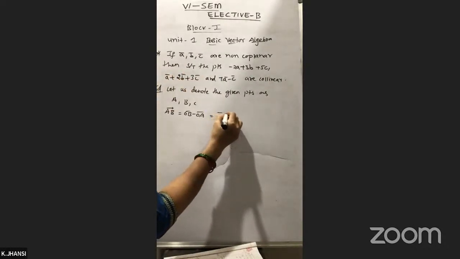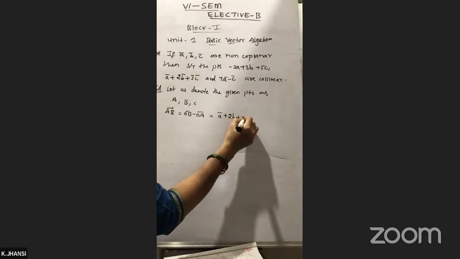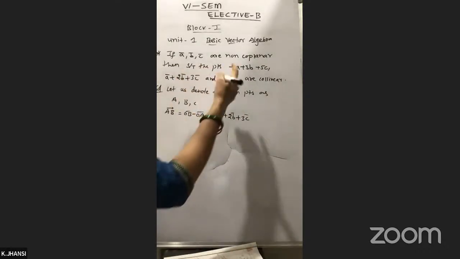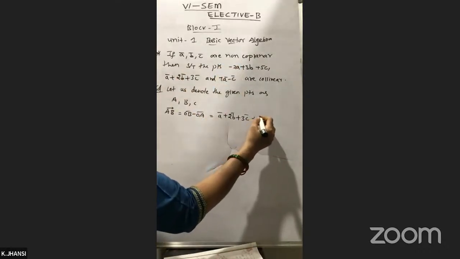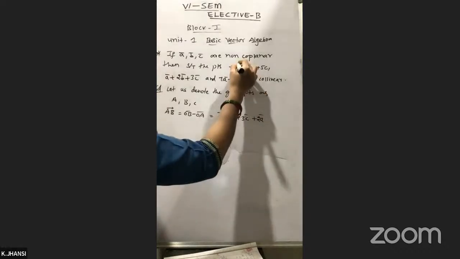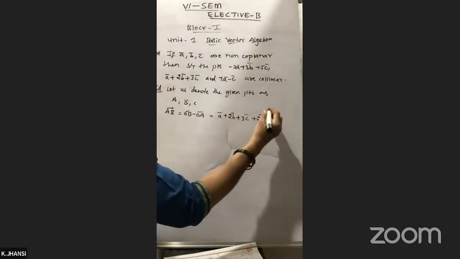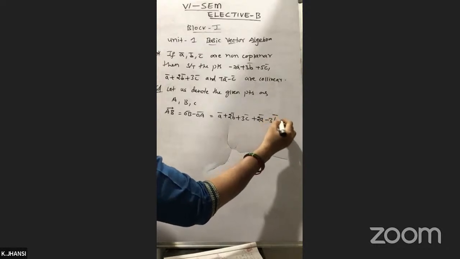Okay. So now OB minus OA. So it is a plus 2b plus 3c minus, here minus already, then minus of minus is plus 2a minus 3b minus 5c. Okay.